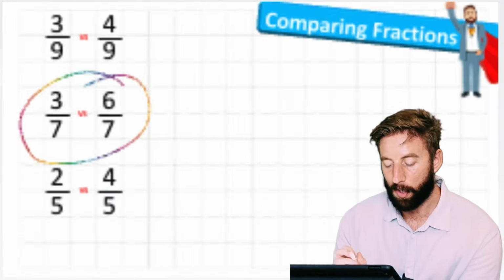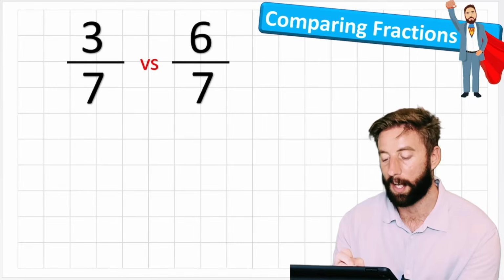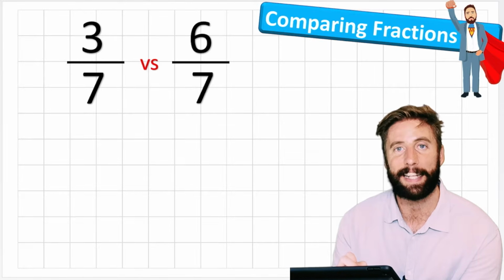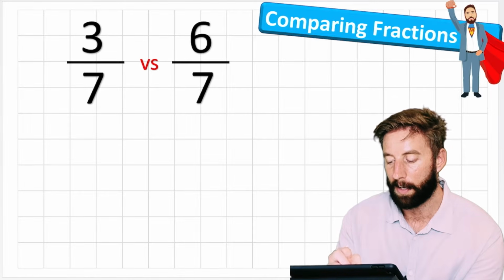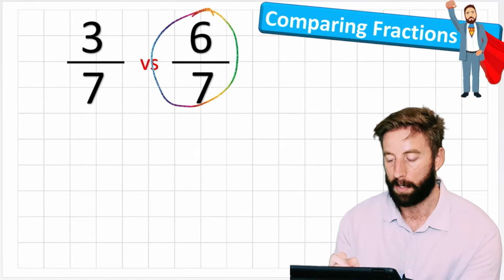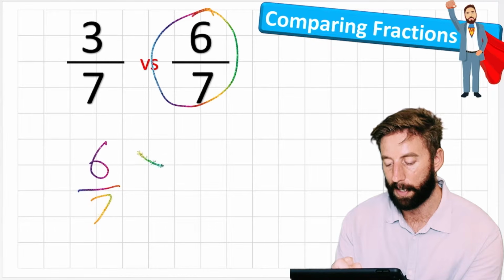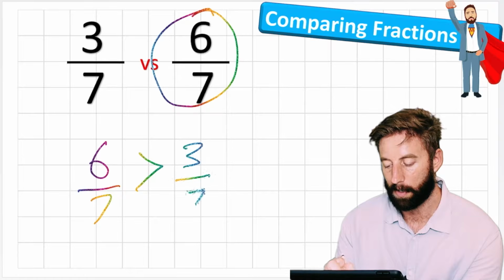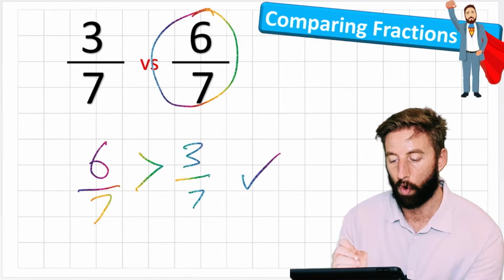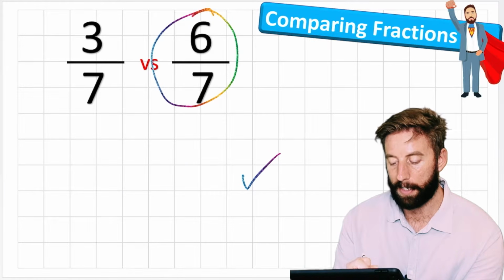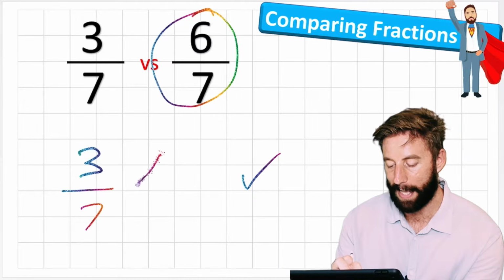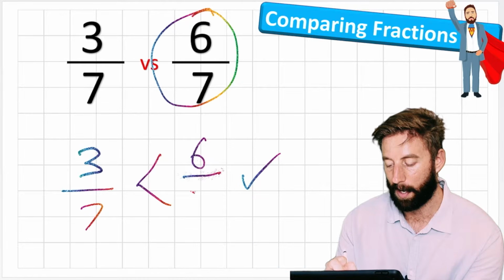Let's look at our second question. Our second question said 3/7 versus 6/7, and we agreed that 6/7 would be greater. So therefore I could write 6/7 is greater than 3/7, and I'd get that question right. Or I could write 3/7 is less than 6/7, and that would still be right.